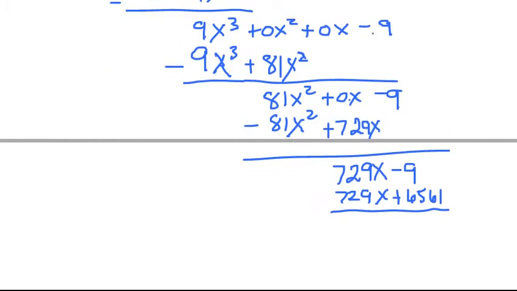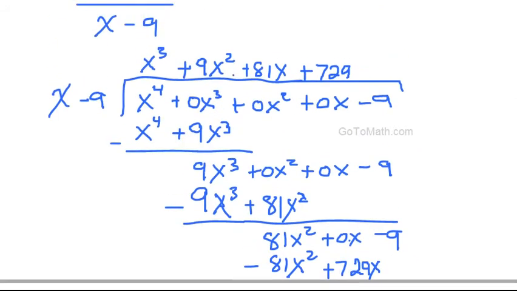It's a minus 6561. I thought it was. Not sure why I did that. But when we go minus, that becomes a plus. Okay, and then we got 6561 minus 9. 6552. My gosh.